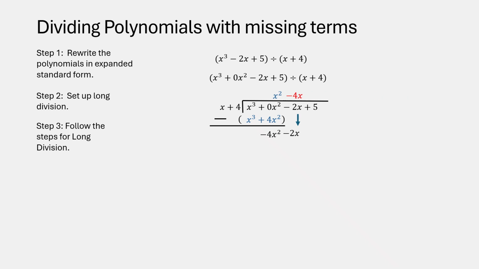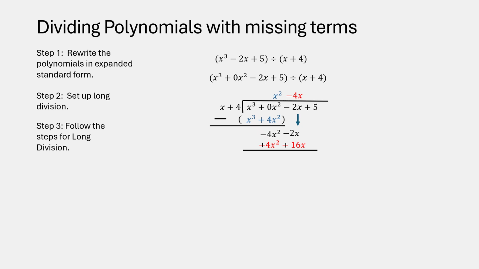Do the multiplication. Minus 4x times x, minus 4x squared, we know that, minus 4x times 4, minus 16x. And then subtract. Now, of course, since both of those were minuses, I'm cheating a little bit and turning them both into pluses to make it easy.